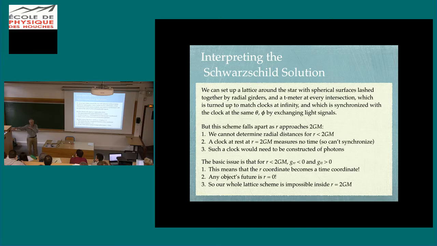And you can measure the r coordinate, and you can measure a t coordinate, which is the robot clock time. And that coordinate system works perfectly all the way down to r equals 0. You can do a complete coordinate system if you've got an infinite budget for robots dropping in from infinity. And it works just fine.